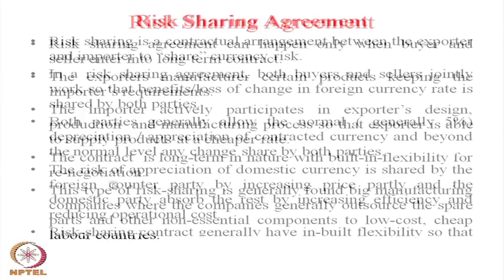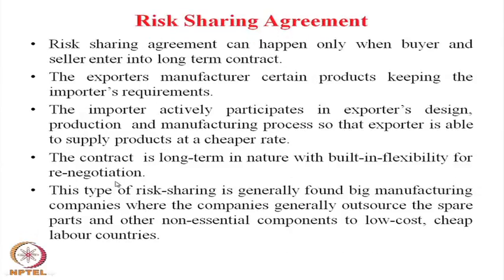If you find, the risk sharing agreement can happen only when buyers and sellers enter into a long term contract, because a 1 month, 2 month export import or short term arrangement may not be in a position to go for a risk sharing agreement. Because of this reason, whenever there is a long term arrangement between two parties, they share the risks in the contract document itself.